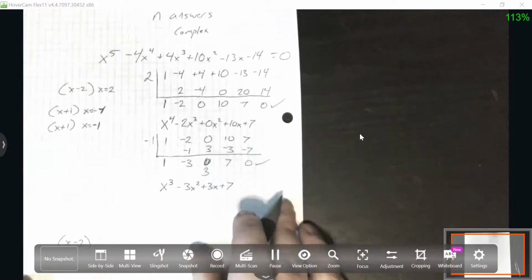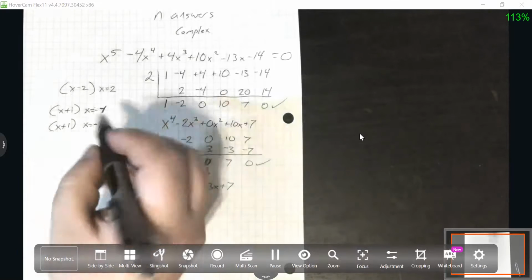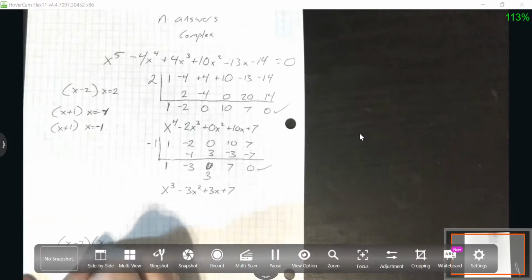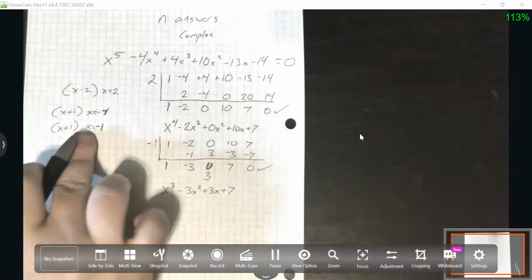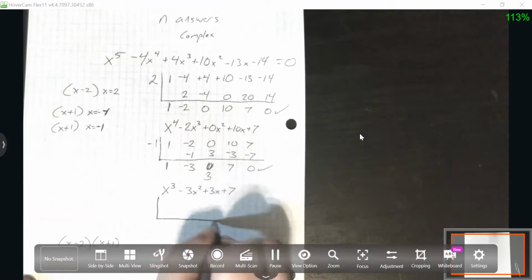At this point, we'd be down to x cubed minus 3x squared plus 3x plus 7. All right, this is looking a lot better. We know another real solution, which is another negative 1. So I'm going to do negative 1 in there again.